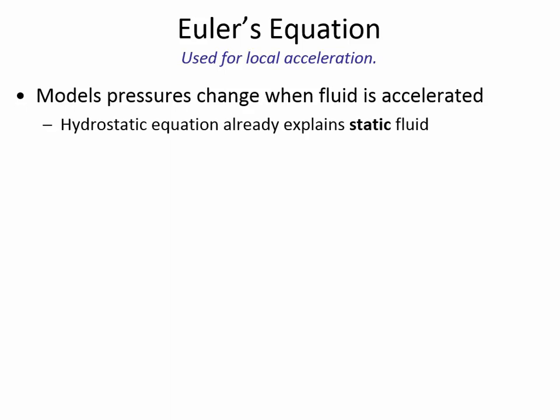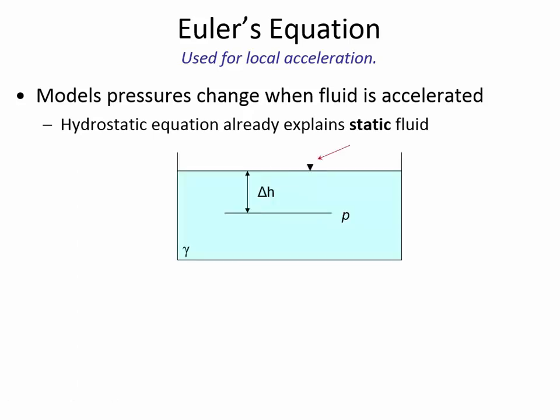Okay, so Euler's equation. We already have the hydrostatic equation. That's something we learned about in Chapter 3. And so the hydrostatic equation we used for tanks like this. And this one happens to be open to the atmosphere. By the way, here's that little triangle at the top, and that's one of the indicators that the flow is in contact with the atmosphere.